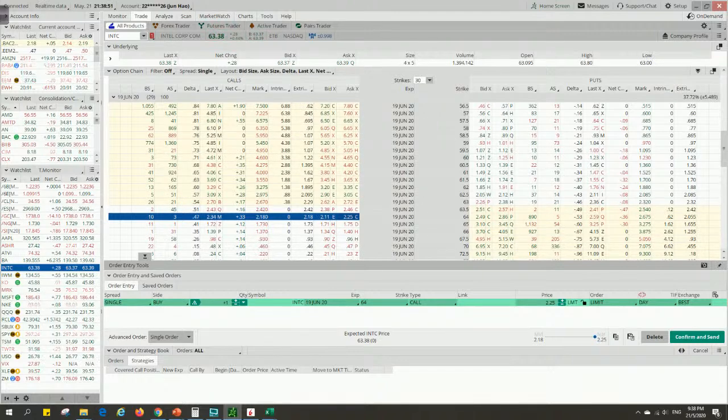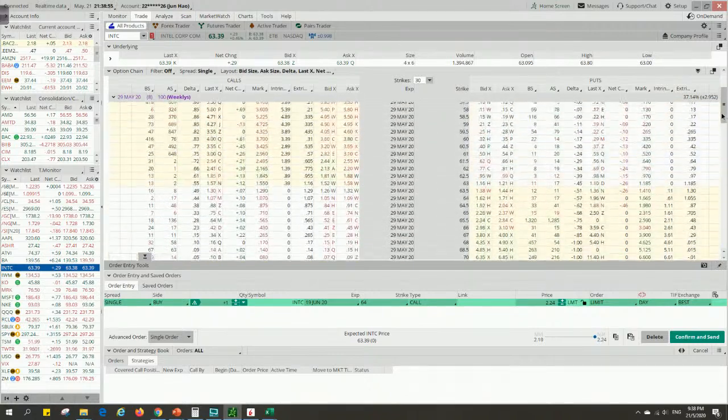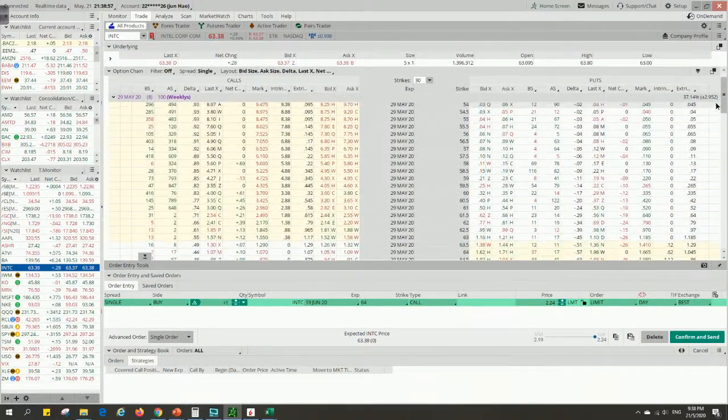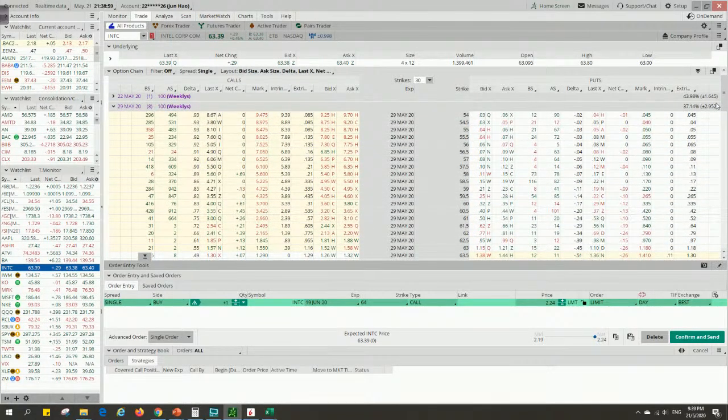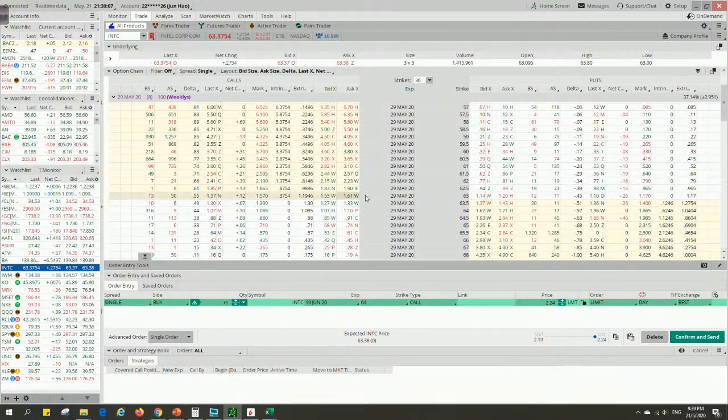So that's another option, and let's see what will happen if I roll the short-dated call out and up. Same thing, I want to cover my short.